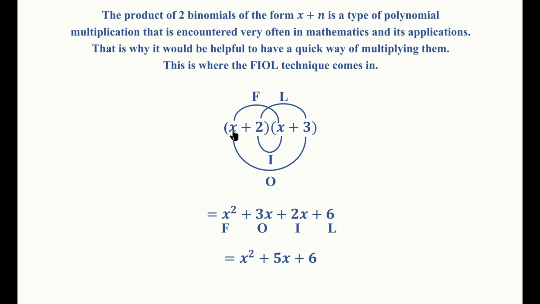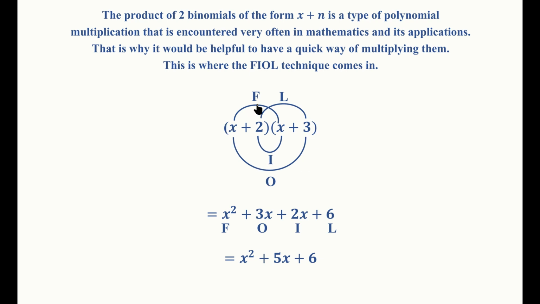So notice this right here, the product of the first term here and the first term here, we call F. The product of capital F, right? The product of the first term, the last term here and the last term here, notice that's indicated by L. This product in here, we call that the inner product, and this one here, we call it the outer product.